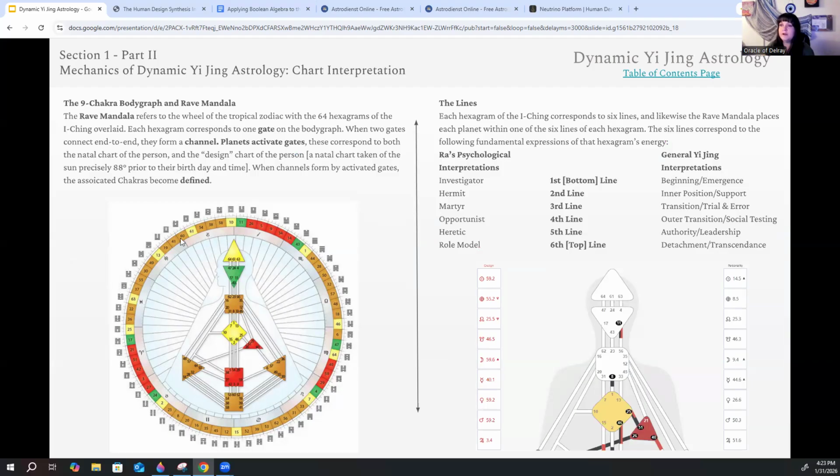This actually precisely corresponds to which hexagram falls to which part of the zodiac. So that's where they are in the wheel, and that's how they correspond on the body map, or the chakra map. That might be what I name it.